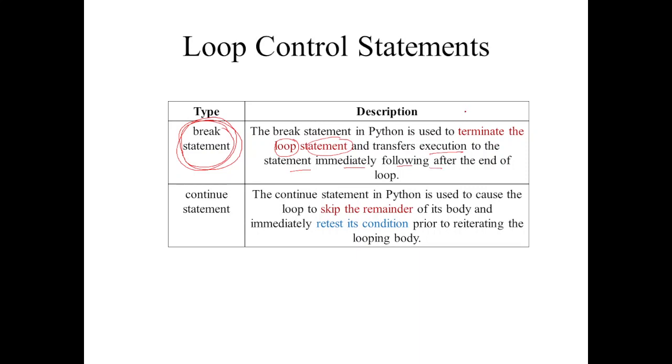It doesn't matter whether we are at the third iteration, fourth iteration, or have not reached the final iteration. As soon as the break statement is executed, the whole loop is terminated and the compiler will move to the lines just after the loop.